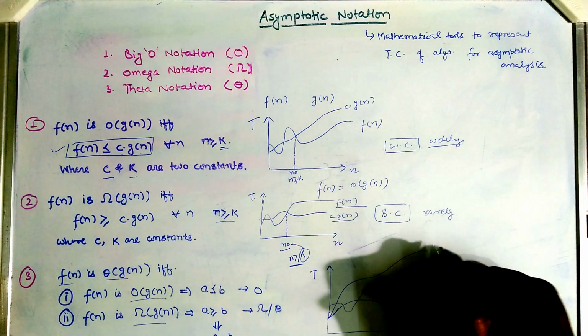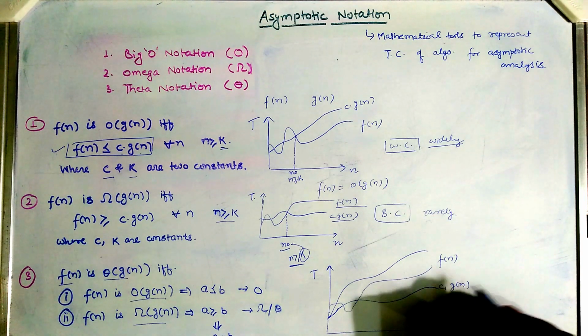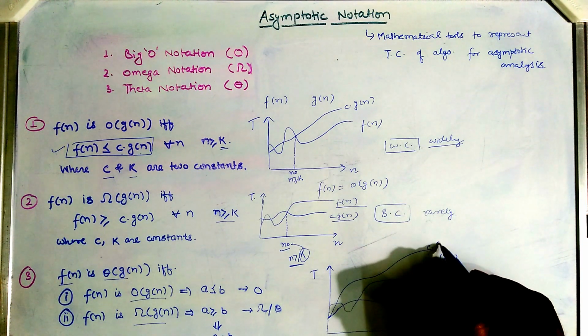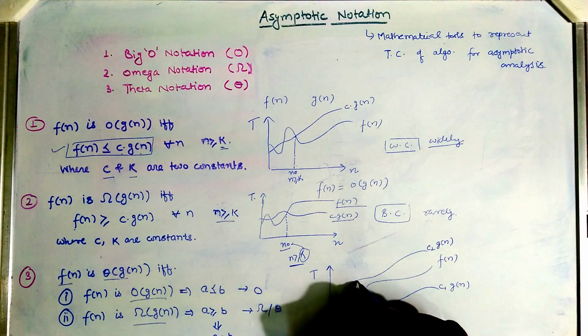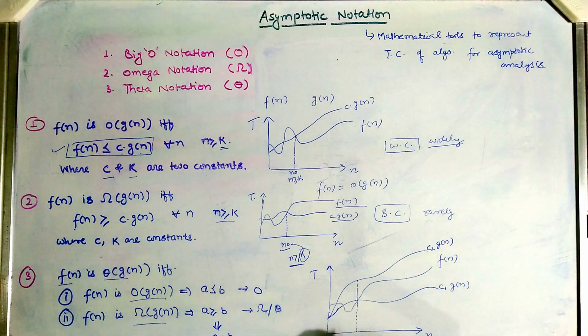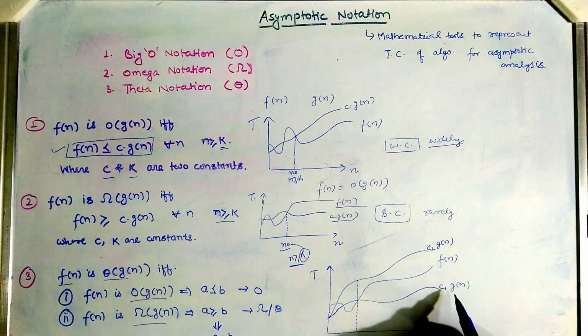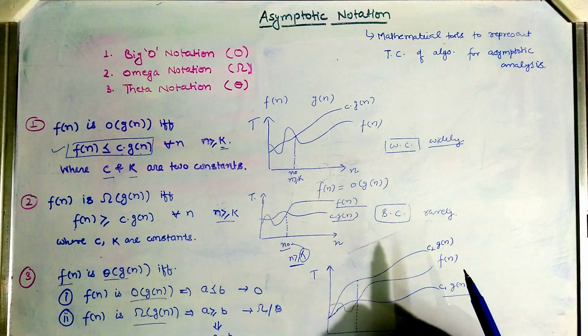So if I consider this as c1 of g(n), some constant with g(n), and here is c2 of g(n), some constant with g(n), then if I draw a line here, this would be my constraint n naught or k. So for all values greater than or equal to n naught, the function c1 of g(n) always has a lower bound, and the function c2 of g(n) always has an upper bound.